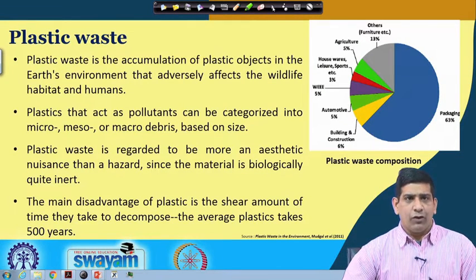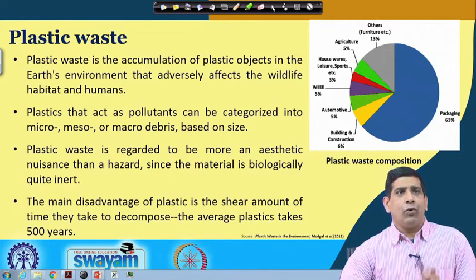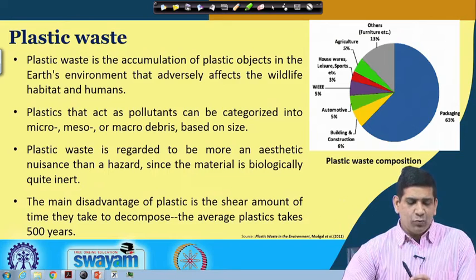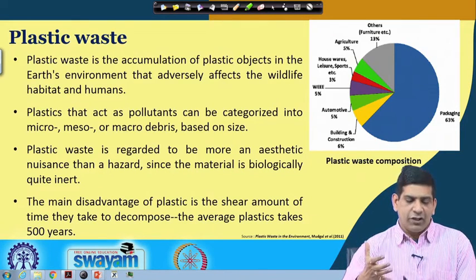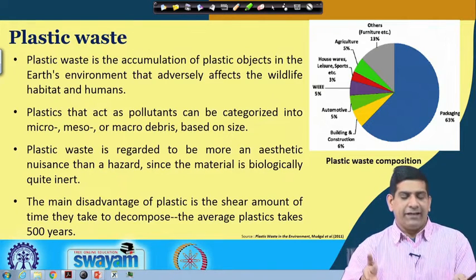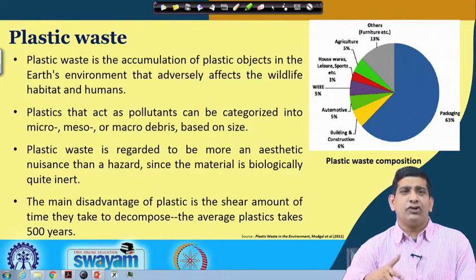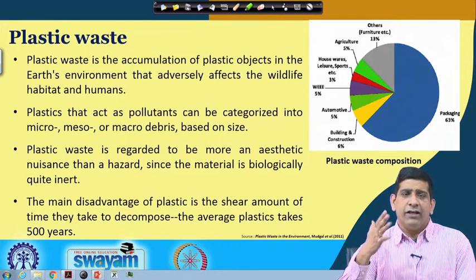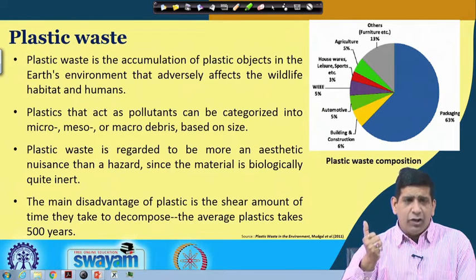Now, we talked about solid waste. Plastic waste is a subset of solid waste. Now, let us talk about what is plastic waste. Plastic waste is essentially an accumulation of plastic objects in the earth's environment, which is adversely affecting wildlife, habitats, environmental issues, surface water pollution, the marine environment, and human health.